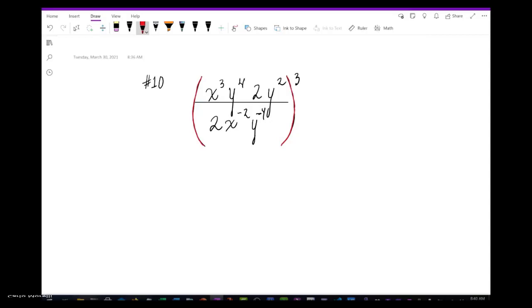You've got to distribute. And what did I say? I said you had to distribute to everything. Everything. So watch this. You got to distribute the 3 here. Here. You got to put a 1 right here and distribute it here. You got to distribute it here.